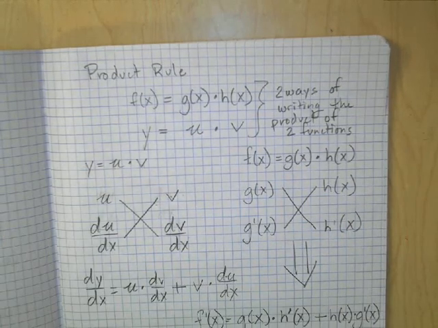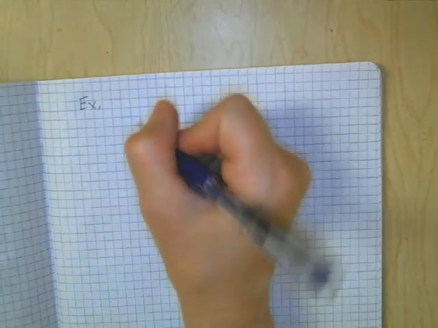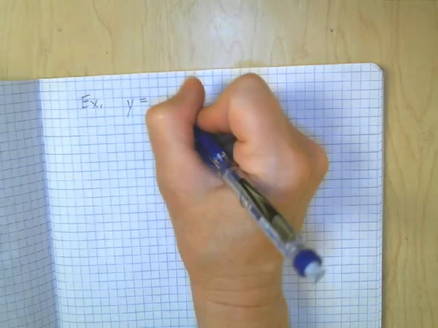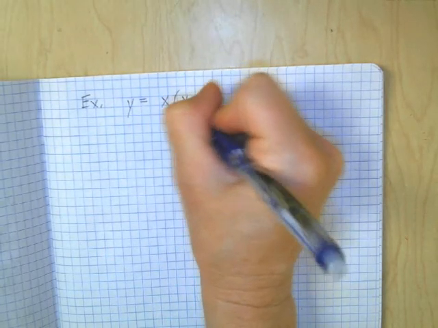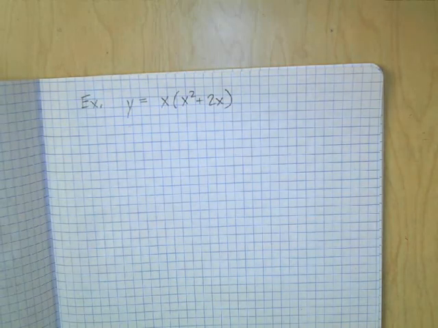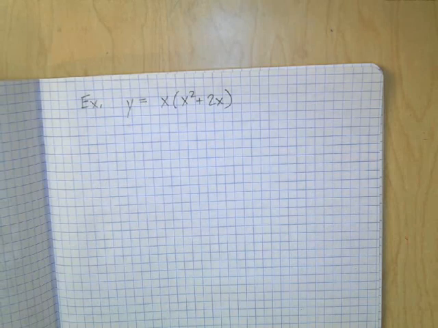Let's do an example. Okay, so example, if y is equal to x times x squared plus 2x, okay, we already should notice right away that it would be way easier to just multiply this out and not use the product rule.